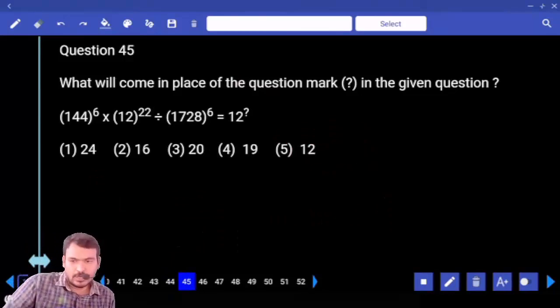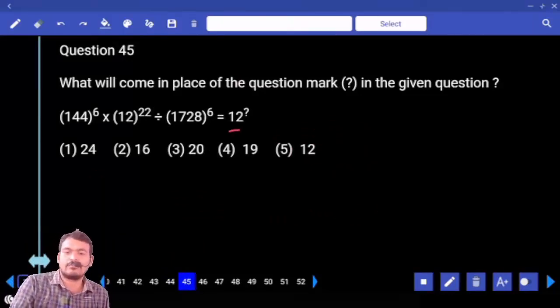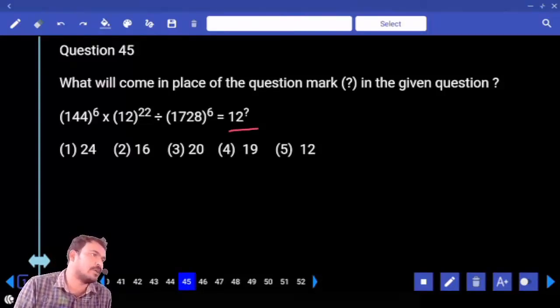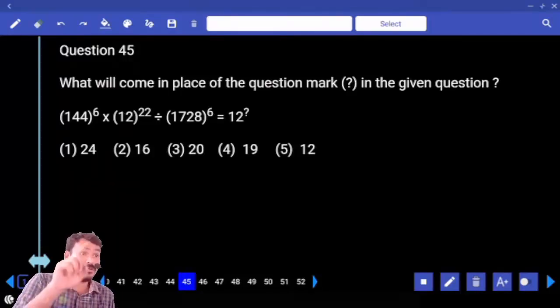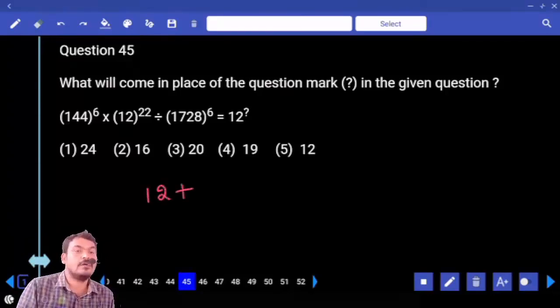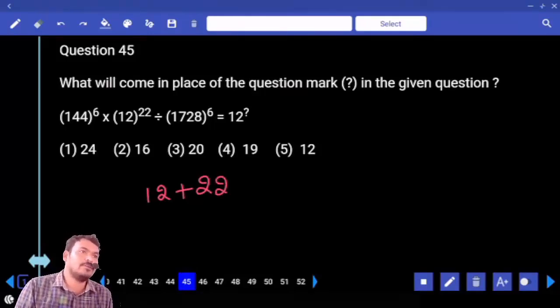Next question, question number 45. What is the right hand side value? 12 power something means left hand side also converted to 12 power something or not? 144 means it is 12 square, means we write power 2 into 6, 12 plus 22. 1728 means it is which one cube? 12 cube.